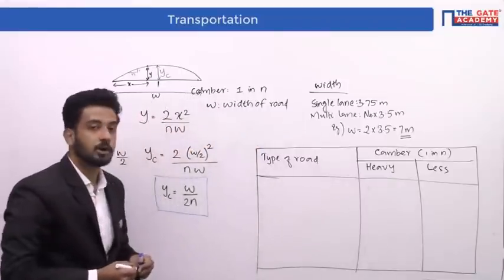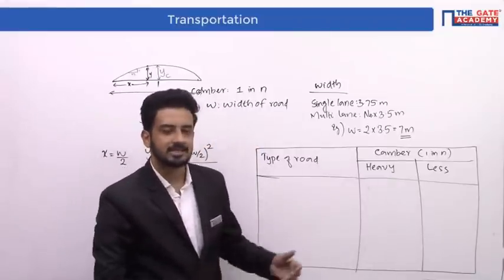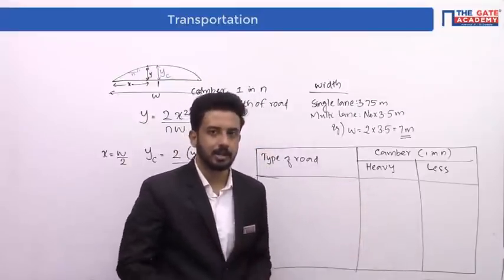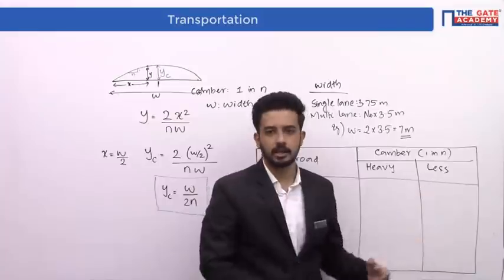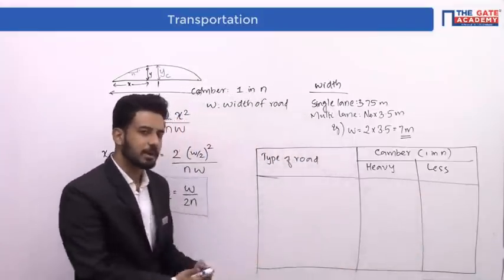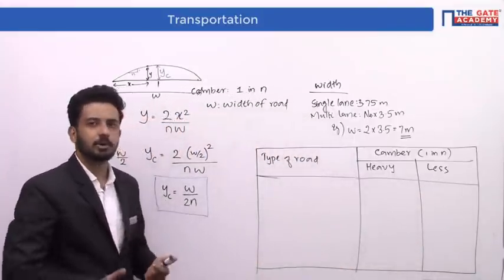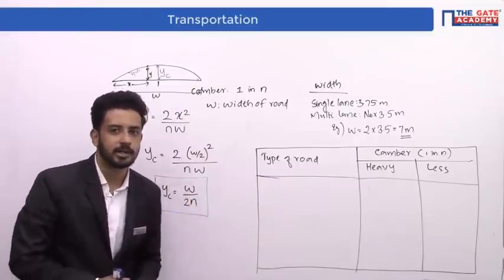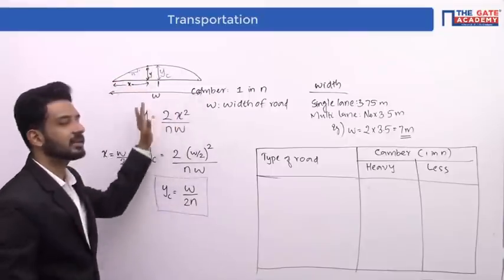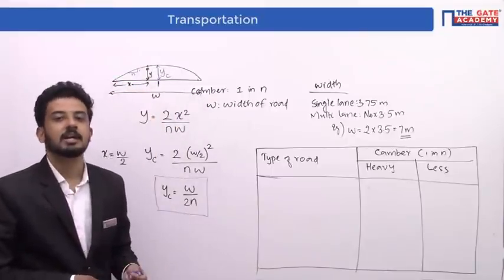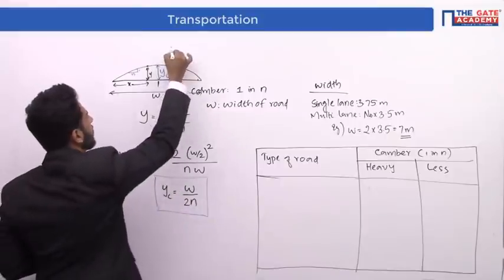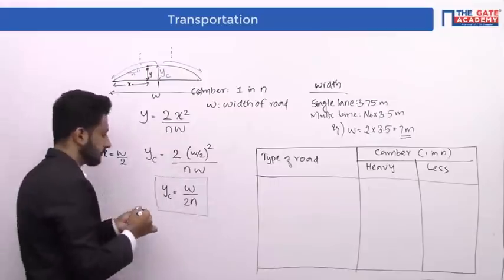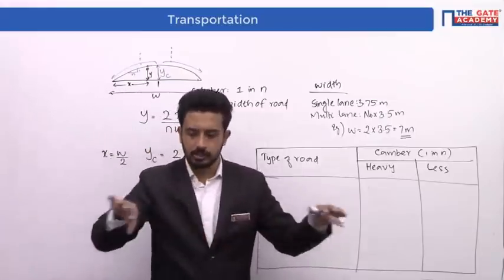See why this matters, whether it is heavy rainfall or less rainfall. Why are we providing camber? Why are we providing this slope? For drainage purposes. Whenever rain comes, we have to take this water away from the road, sidewise.